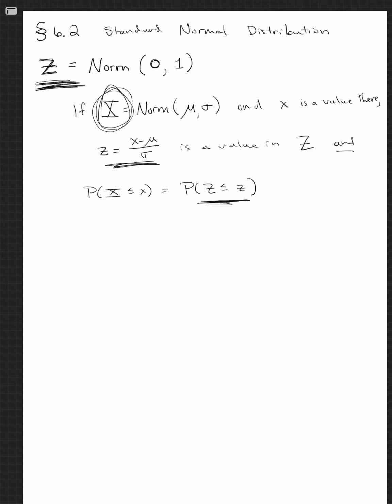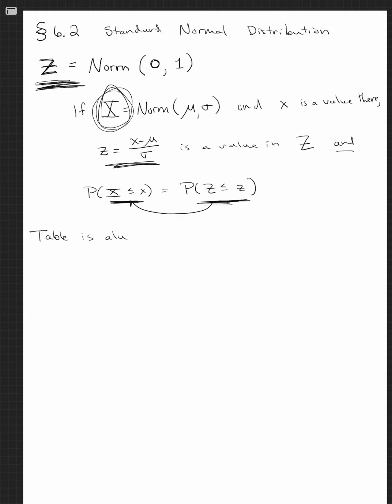And it turns out that if we can figure things out about this standard score using our table, that gives us exactly the value we want for all those infinite different normal distributions. So as long as we take our x values and translate them into the standard score, we can look that up on our table.